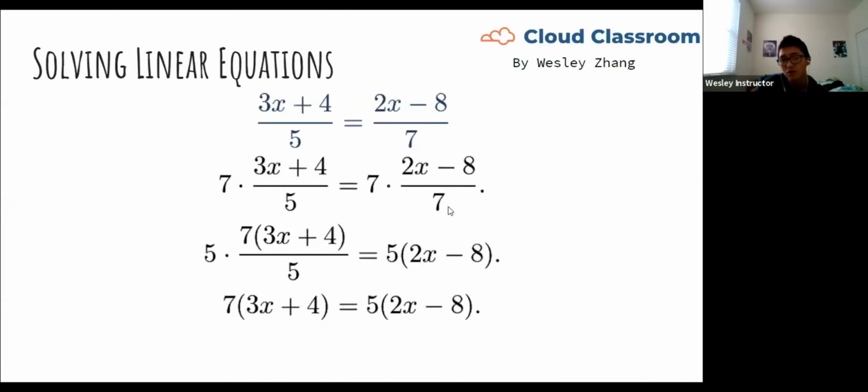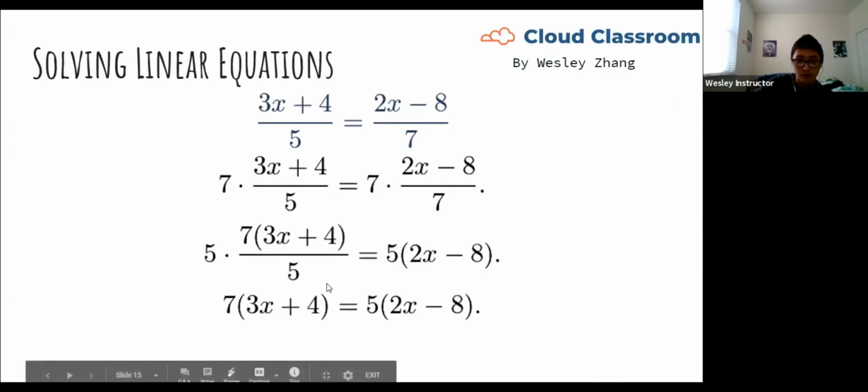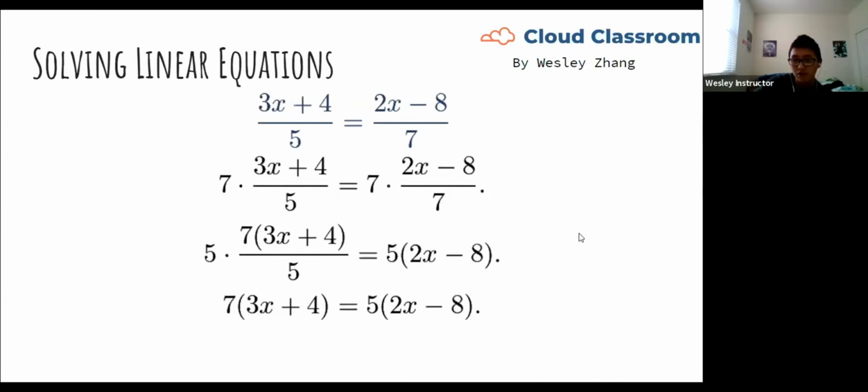Once we do that, we want to get rid of the 5. So we want to multiply each side by 5 now. Same thing we did, but with different numbers. Once we multiply by 5, we get rid of the over 5. And we multiply 5 to the other side, which is 5 times 2x minus 8.